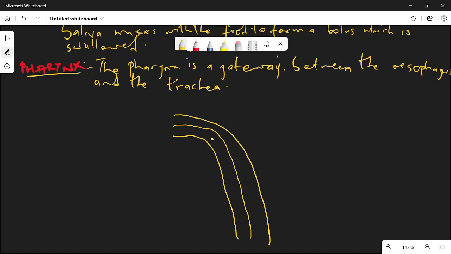And this one here in the front is referred to as the trachea. And the one at the back is referred to as the esophagus.